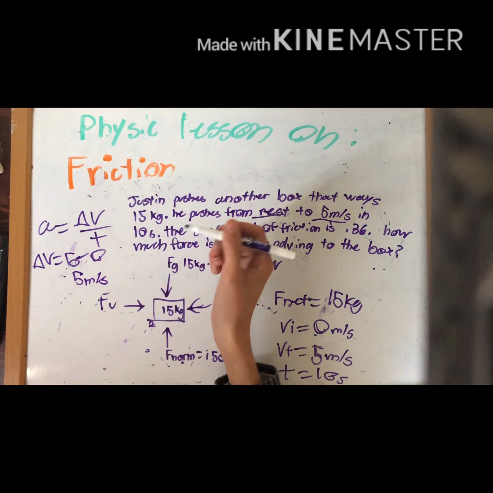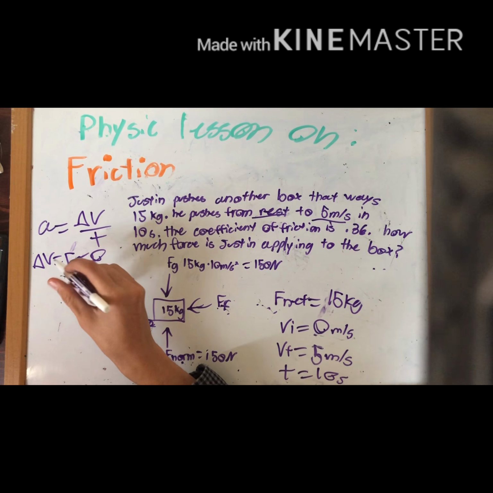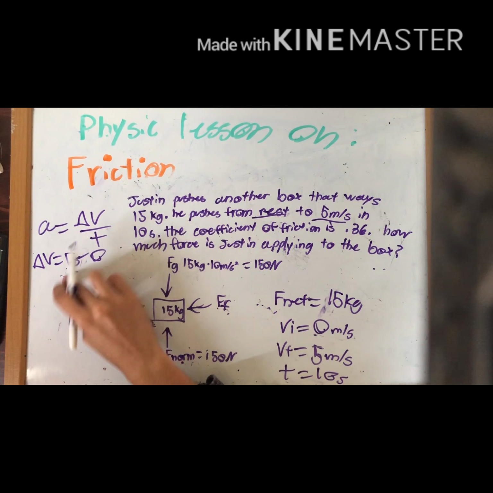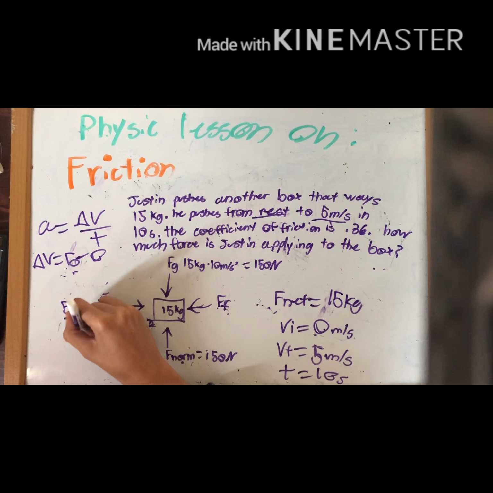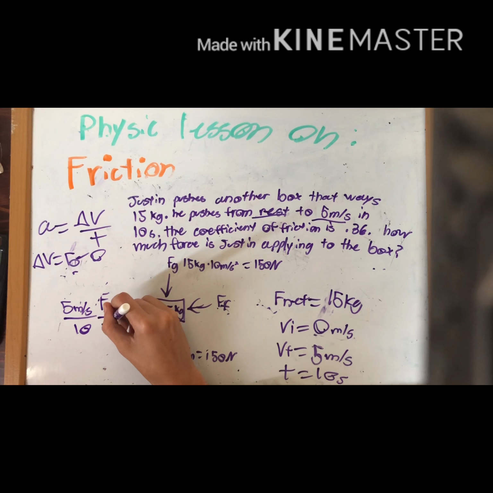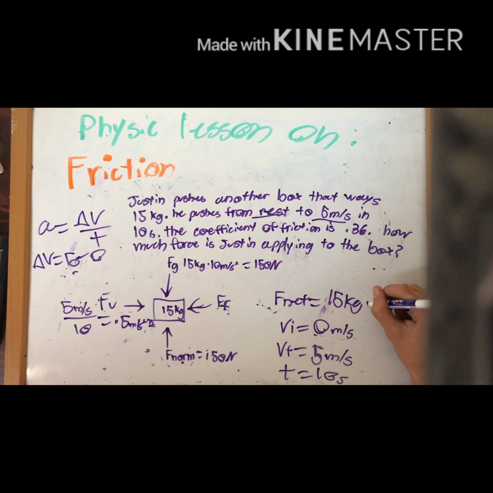Putting the change of velocity over our time gives us 0.5 meters per second squared, which is our acceleration. We put it into our formula and get 7.5 newtons.